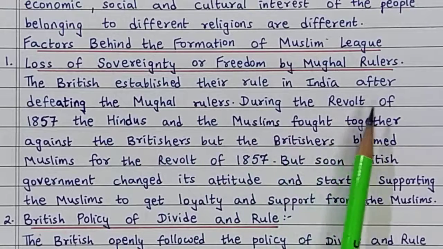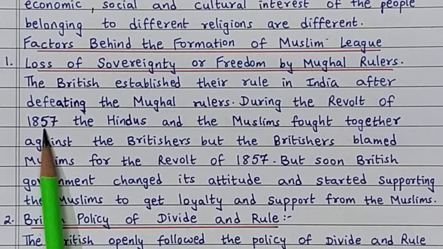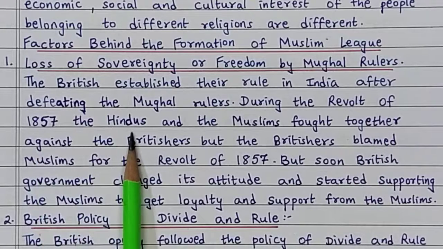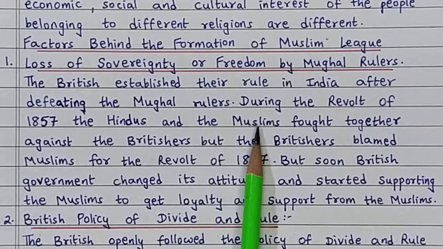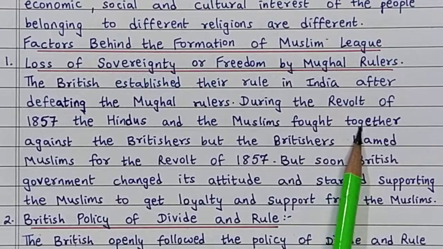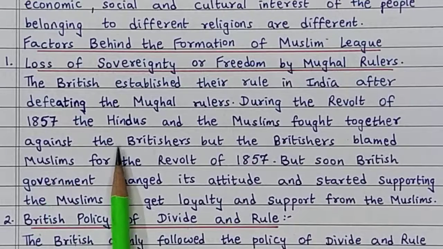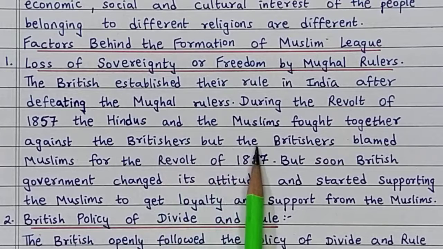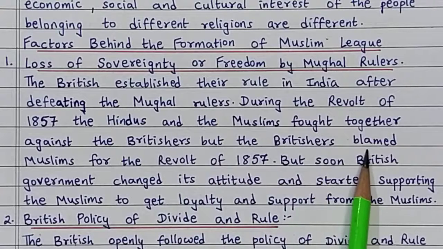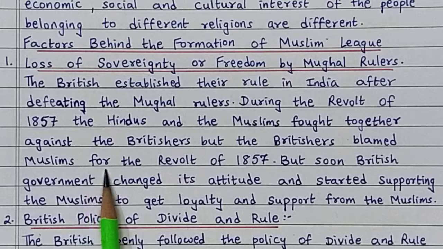During the revolt of 1857, the Hindus and the Muslims fought together against the Britishers, but the Britishers blamed Muslims for the revolt of 1857.